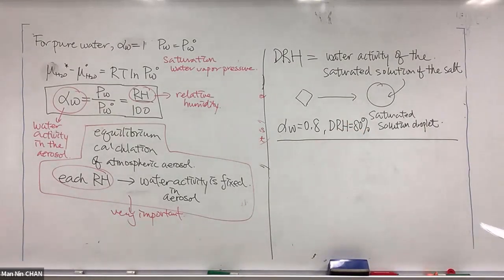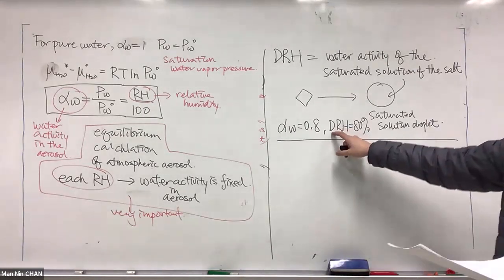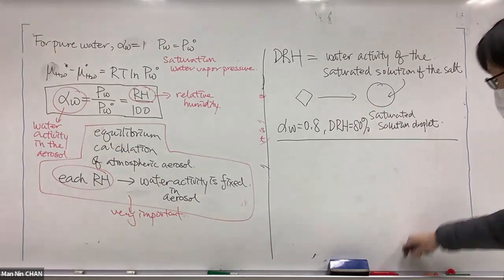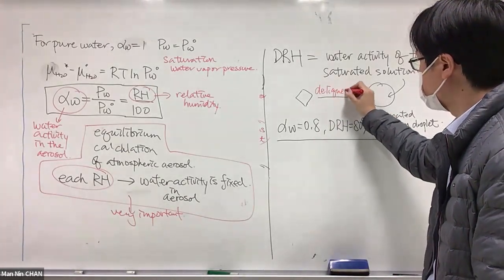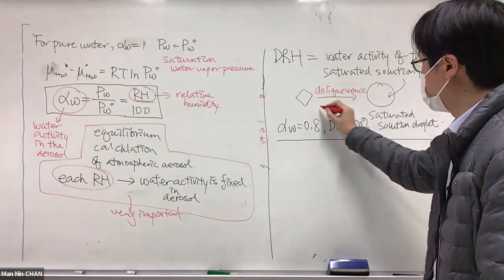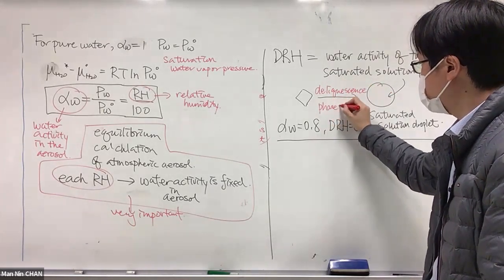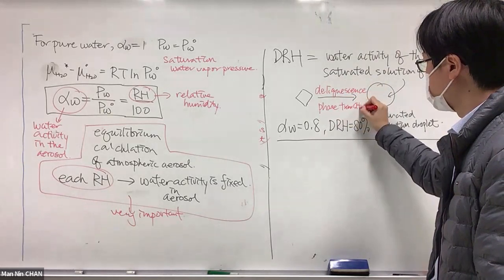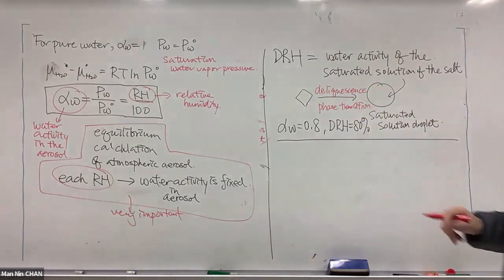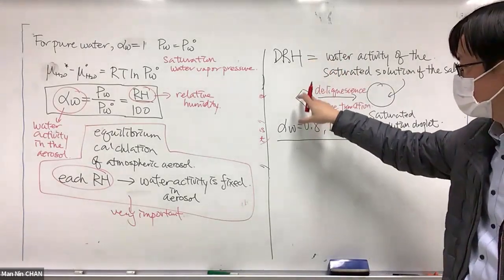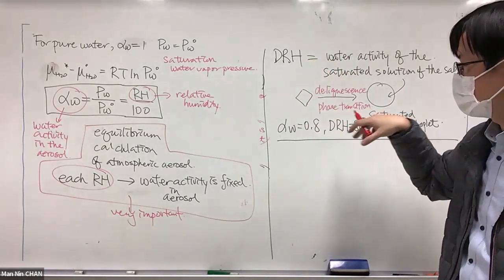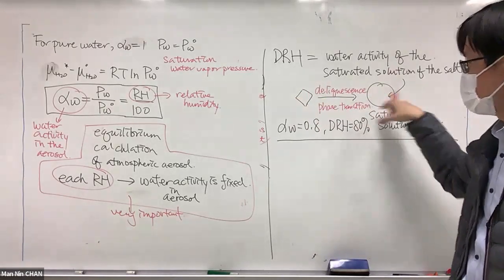So this is just one example. We want to have some more discussion about this DRH, because we call this the phase transition, if you're interested. This is important for us to understand: at a given RH, whether your aerosol of the salt is a solid or an aqueous droplet.